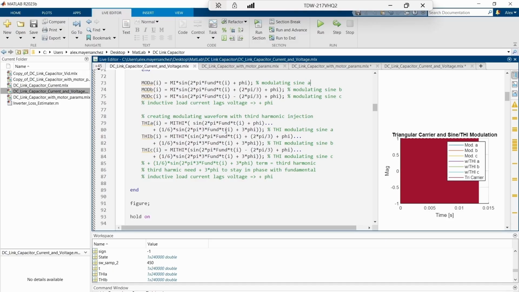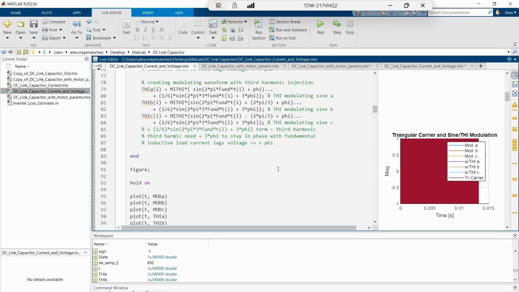So it's 3 times the fundamental frequency. That's why it's called third harmonic injection. And then plus 3 phi, you just have to multiply by 3 to get the correct phase shift on the third harmonic. Then do the same thing for A, B, and C.